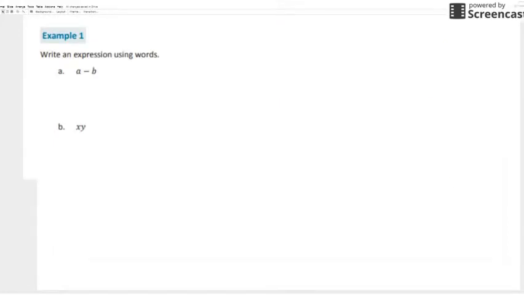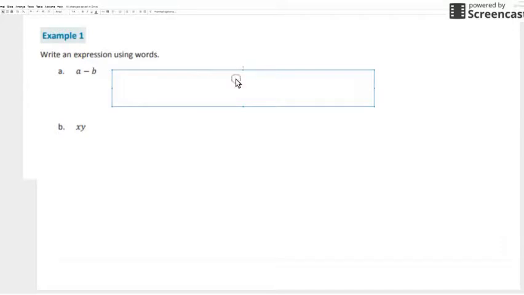All right, so let's go over a couple examples. This is write an expression using words. So we're going to take these and use phrasings or words to represent them. If we look at the first one, of course, this is a subtraction problem. You could say this several different ways. Let's talk about a couple. A is the first variable.